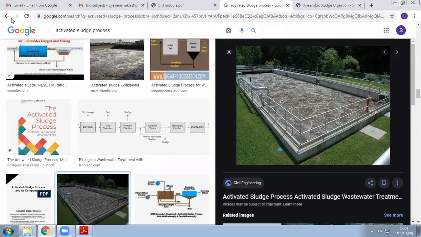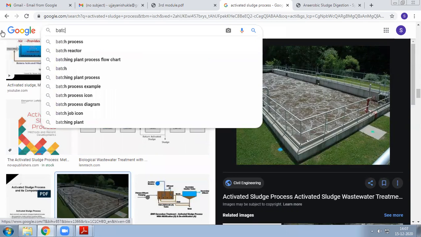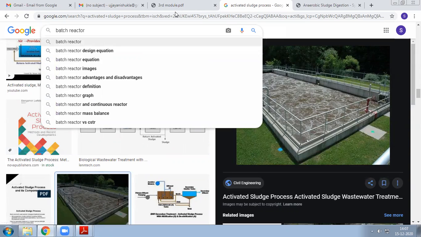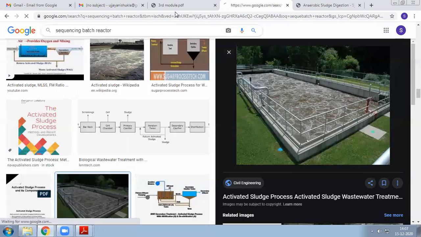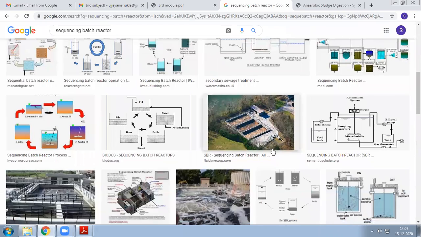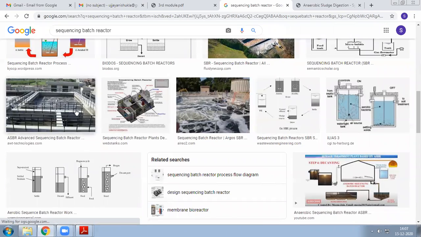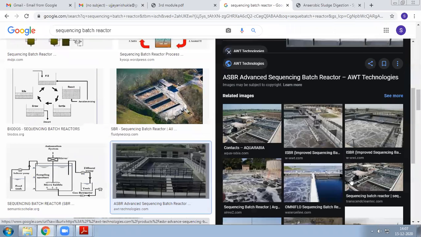I mean, the pictorial diagram. So what else did I cover? Biofilm, batch reactor I covered, right? Sequential batch reactor. So how it looks. See here, this is also a sequential batch reactor.